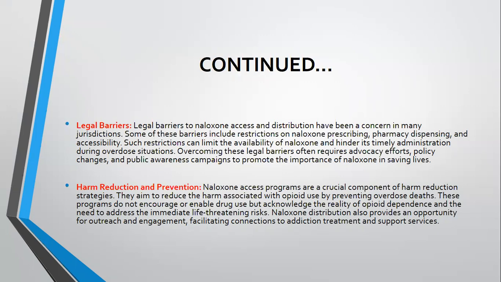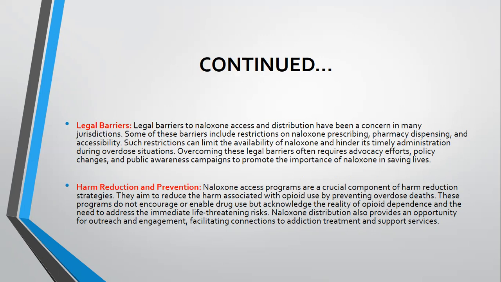Such restrictions can limit the availability of naloxone and hinder its timely administration during overdose situations. Overcoming these legal barriers often requires advocacy efforts, policy changes, and public awareness campaigns to promote the importance of naloxone in saving lives.